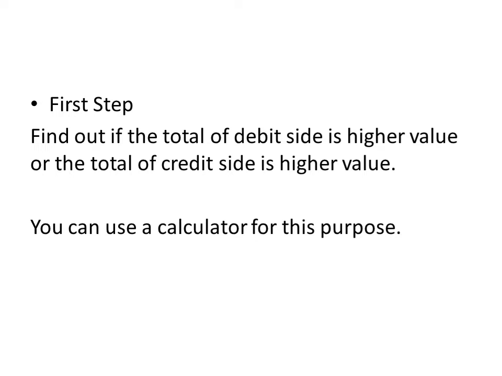If you are using a calculator, add up all the figures on the debit side and note down on a piece of paper, and then add all the figures in the credit column and write down the figure. Then you can easily decide whether the debit side total is the higher value or the credit column total is the higher value. So this is a decision that you have to make, and this is our first step in the balancing mechanics.